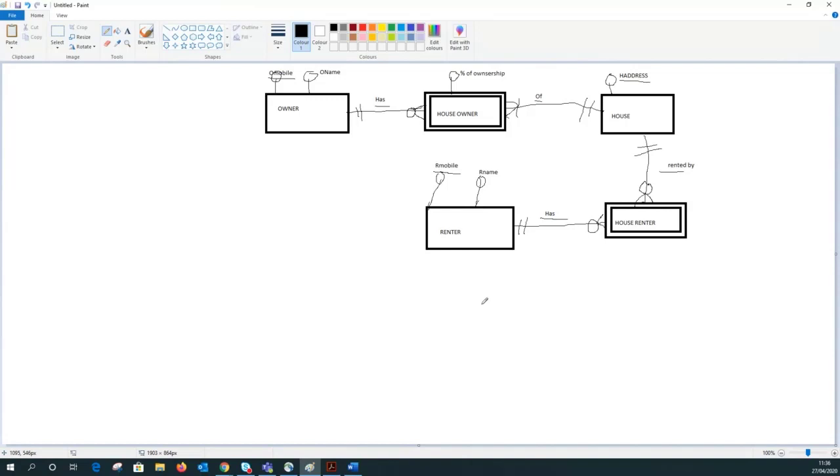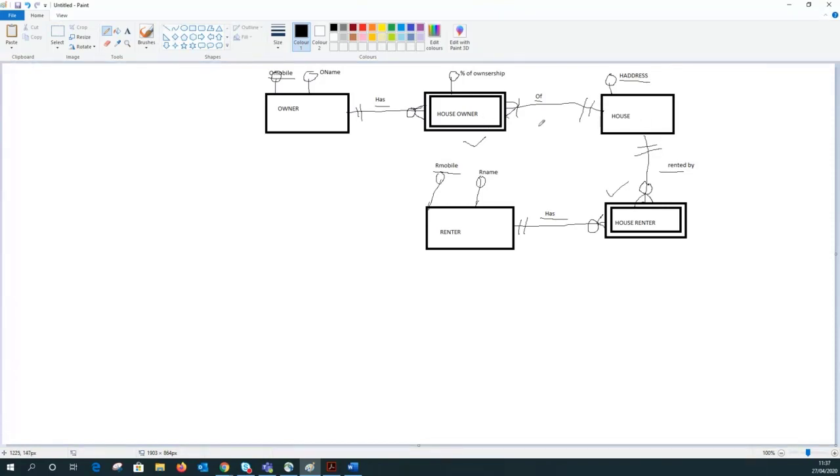Now if I ask a question, which entities record the most important information? It's actually the most important information recorded in these weak entities. Remember, when the entities become weaker and weaker, we record more important information.